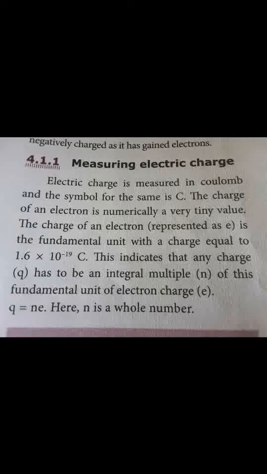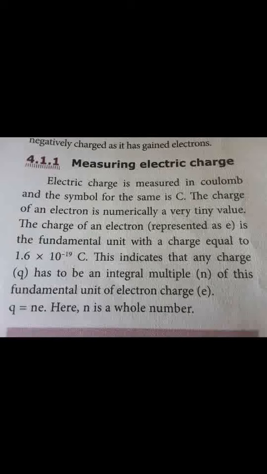The unit of electric charge is Coulomb, and it is written as capital C. And in numeric terms, the charge of electron, that is negative, is written as small letter e, and it has a value of 1.6 into 10 to power minus 19 Coulomb, denoted by C. Okay, we can use e or Q. Now we are going to write the fundamental unit of electric charge e.